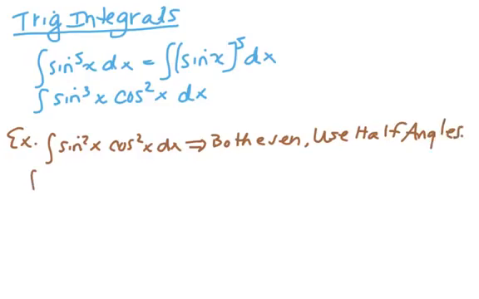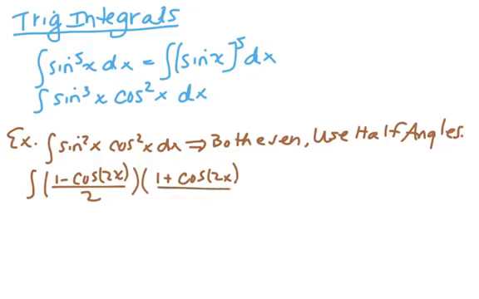Rewriting these in terms of the half angle formulas, it's 1 minus cosine of 2x divided by 2 times 1 plus cosine of 2x divided by 2, since this is in terms of x.